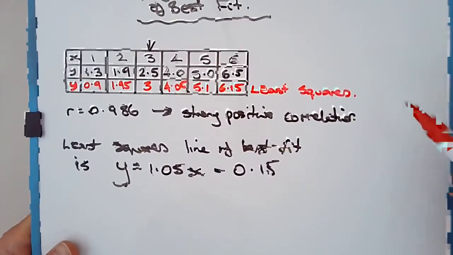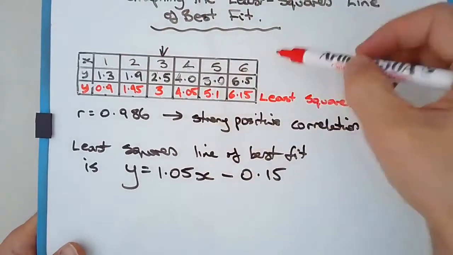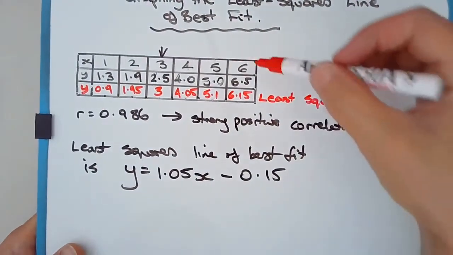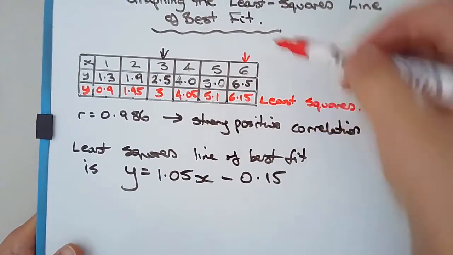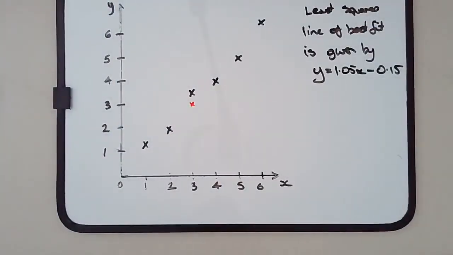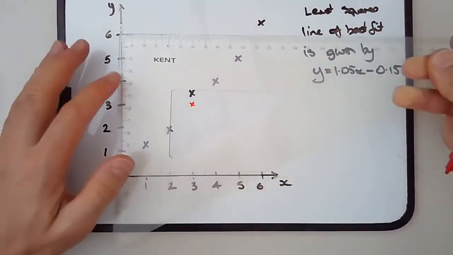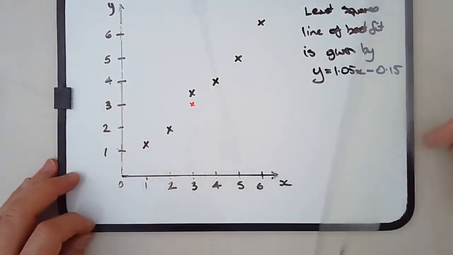Okay, let's have a look and see if we can identify another value. All right, and maybe 6. Try and pick points that are quite far apart from each other. 6, okay, and that corresponds to 6.15.